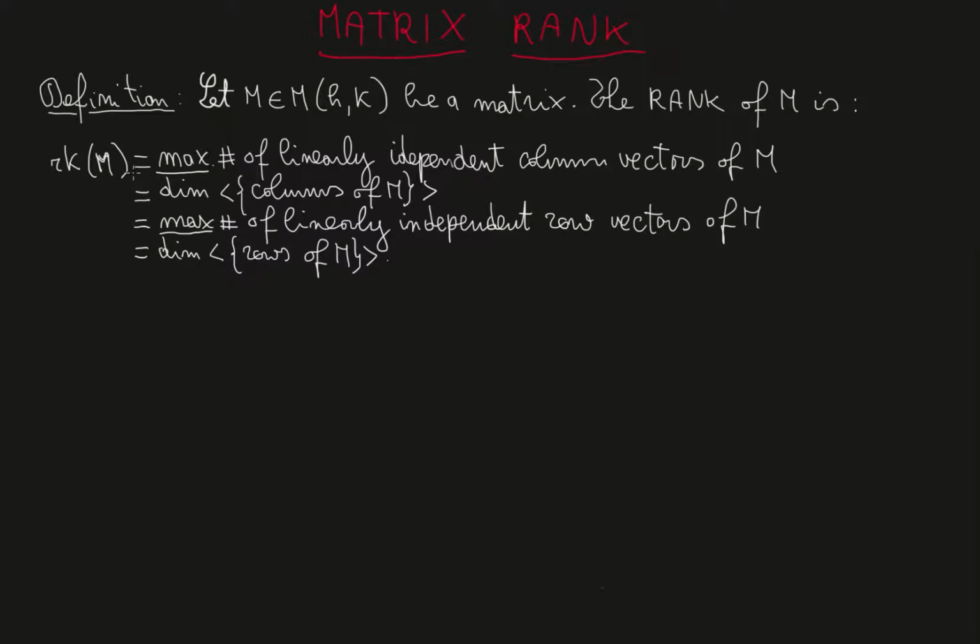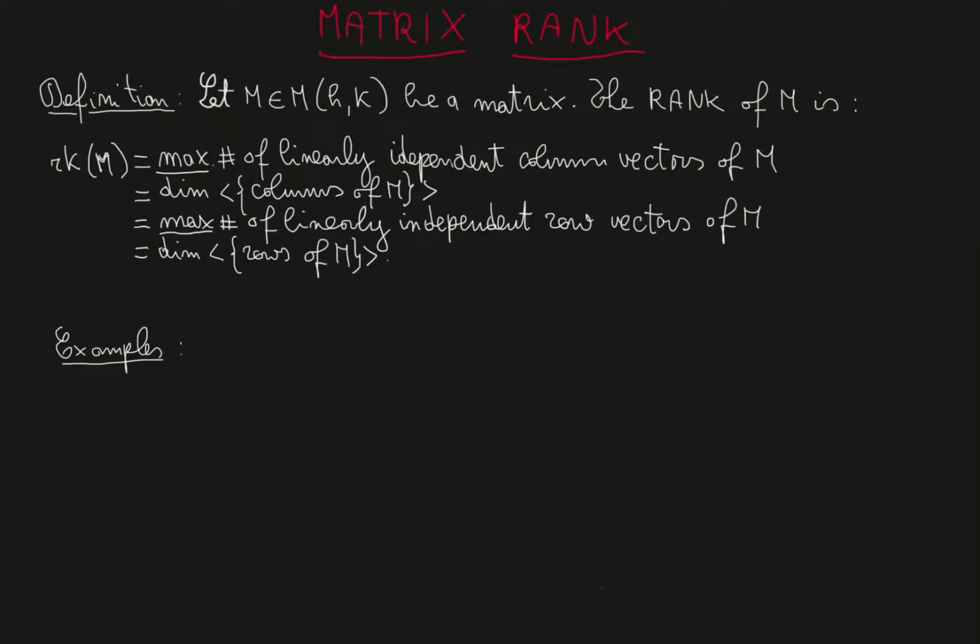It's not something completely obvious. But since it is true, I'm going to set the definition of rank using both of these statements, in terms of column vectors or row vectors of the matrix.